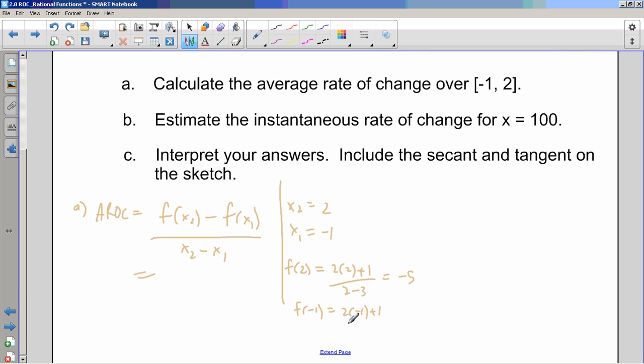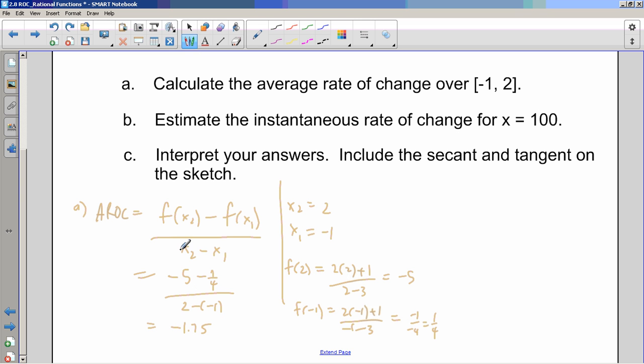Negative 1 minus 3 is a fraction of some sort, unfortunately, a quarter. Negative 1 over negative 4 is positive a quarter. So I have negative 5 subtract a quarter over x2 is 2, subtract x1, watch your integers here. And then I pop that into a calculator again. It looks like around negative 1.75.